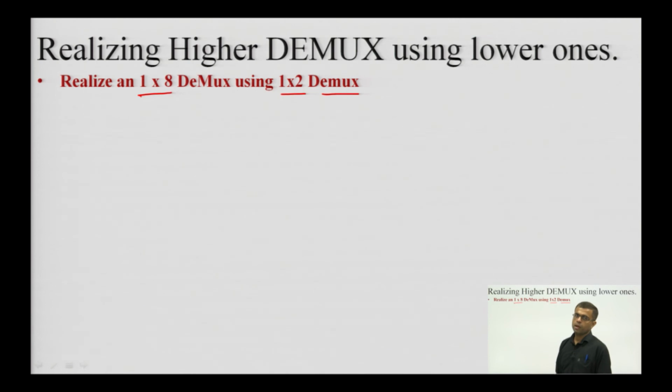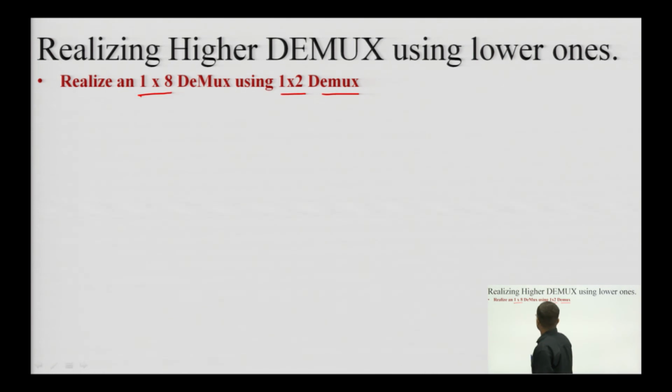Like in the case of multiplexers, we were asked to prepare an 8 cross 1 multiplexer using 2 cross 1 multiplexers. This is the analogous part of that, the higher order multiplexer construction, and this is the higher order demultiplexer construction. So, let us start with that.